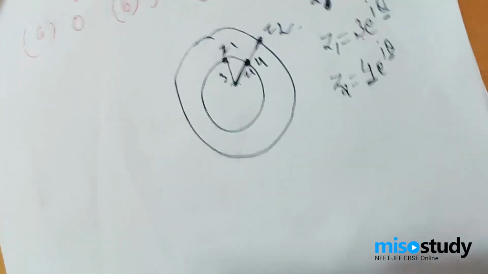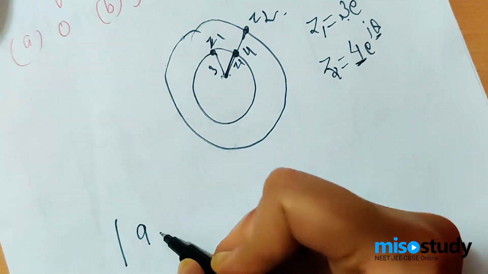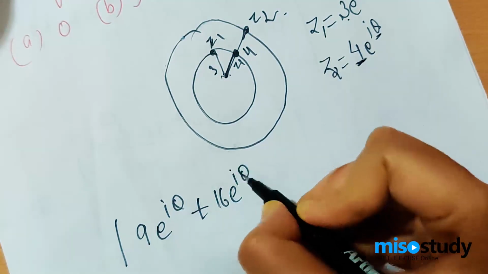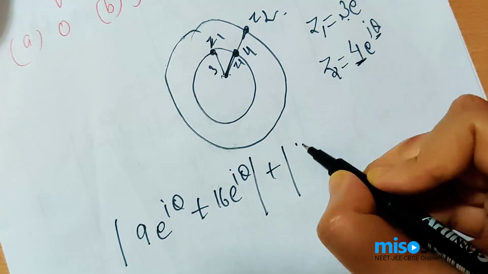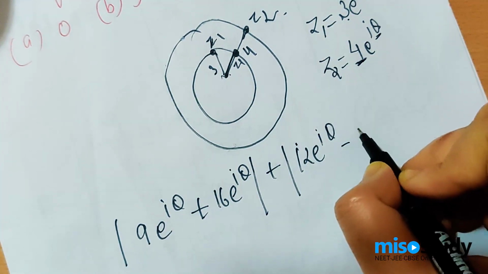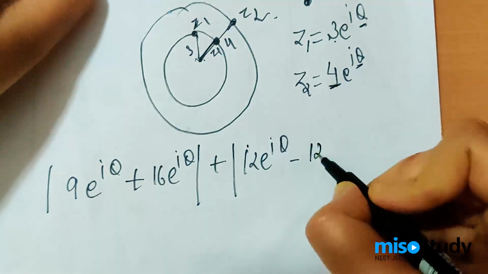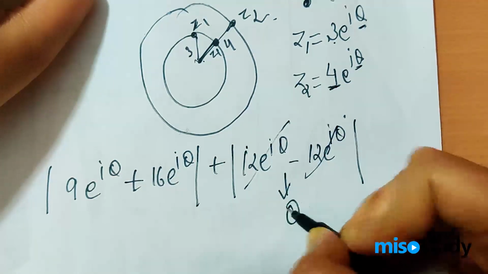So let's put the values in this. 3z1 would be 9 e iota theta, 4z2 would be 16 e iota theta, mod, plus 4z1, that would be 12 e iota theta, minus 3z2, that will be again 12 e iota theta. Now this gets cancelled and the answer to this is 0.